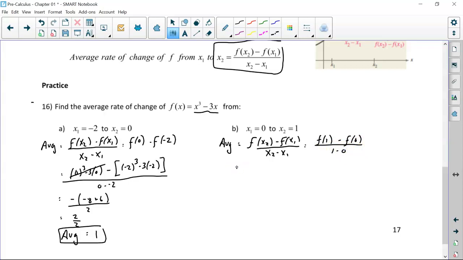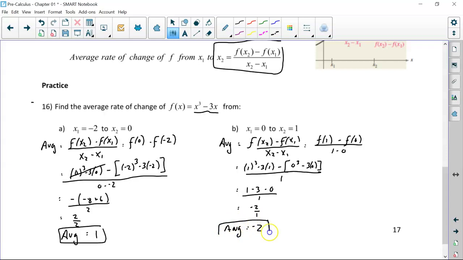So substituting into the function now, it's going to be 1 cubed minus 3 times 1 minus the quantity of 0 cubed minus 3 times 0, over 1 minus 0, which is 1. 1 cubed is 1, minus 3, minus 0, over 1, so we're going to get negative 2 over 1, so the average rate of change is negative 2. It's really just substituting into the equation for the average rate of change, using the values and using the given function.